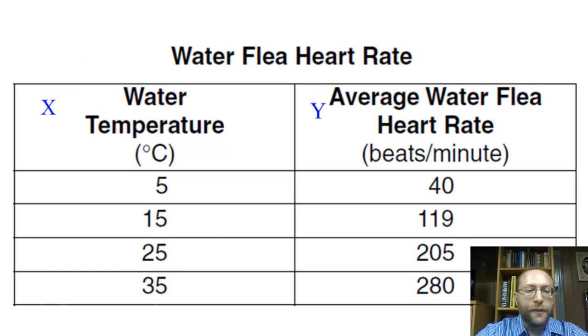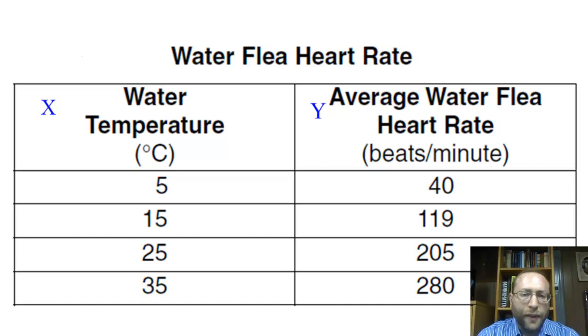We also need to be able to figure out which is the independent variable and which is the dependent variable. Because the independent variable is what goes on the x-axis, and the dependent variable is what goes on the y-axis. And generally you have to know for other Regents questions too.